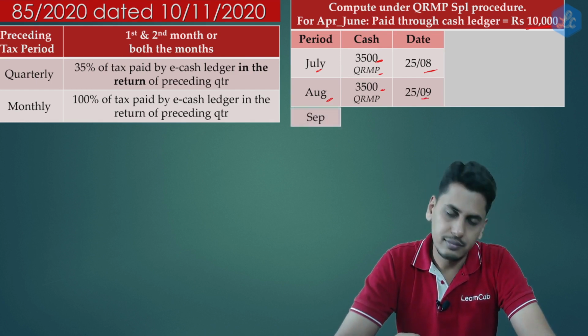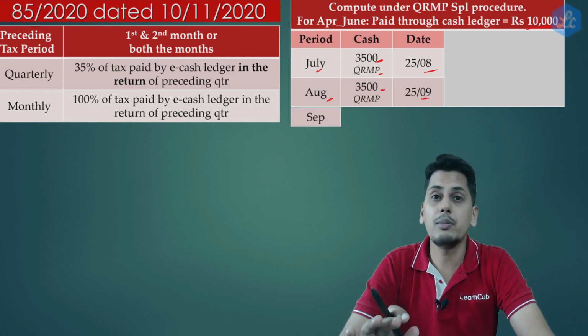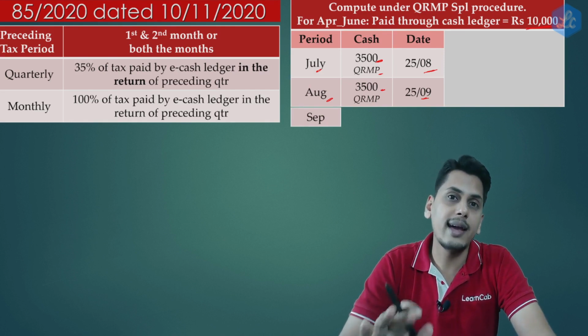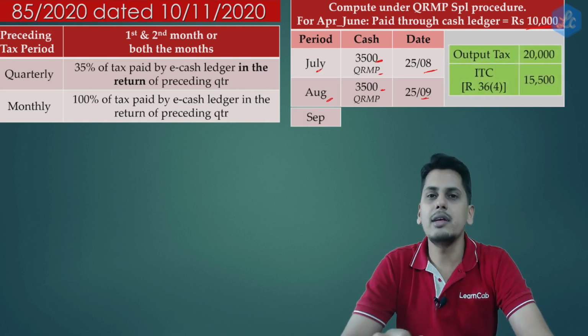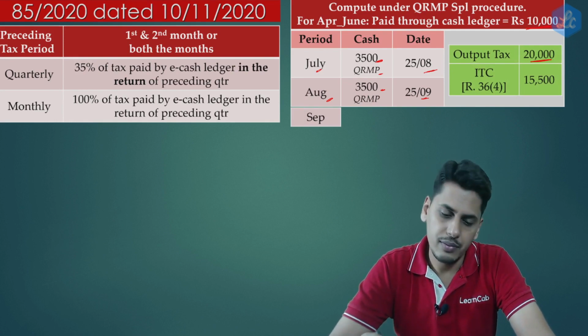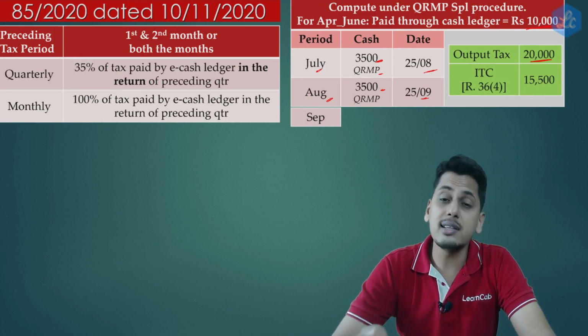For September, he is not going to deposit 3,500. He is going to compute the liability for the entire quarter. Output tax is 20,000. Input tax credit according to 36 sub rule 4 is 15,500.